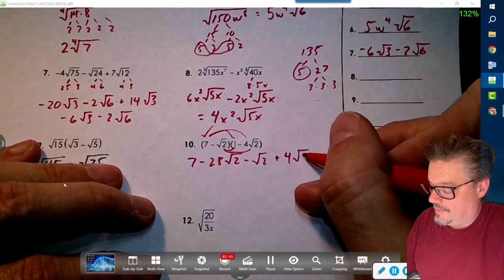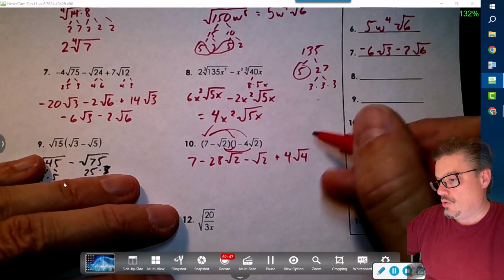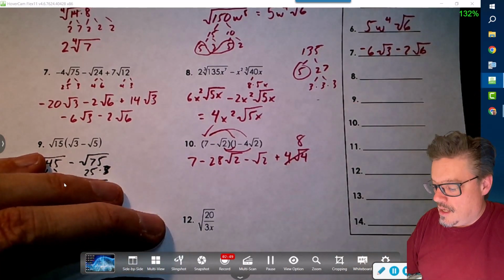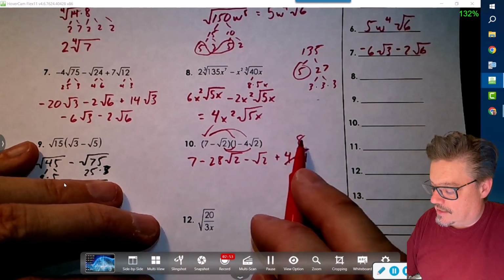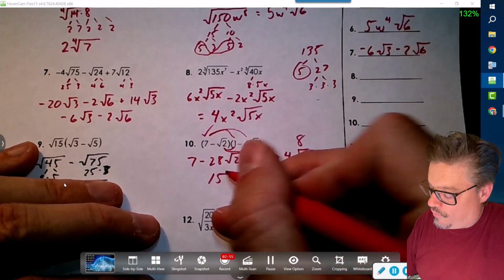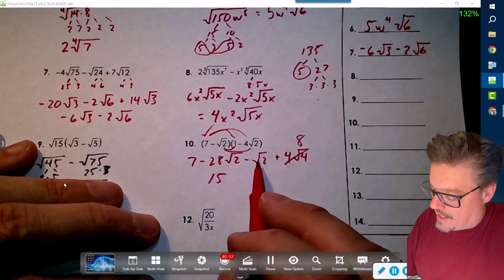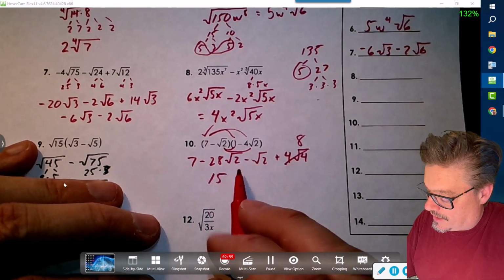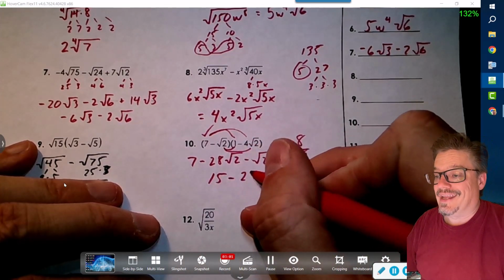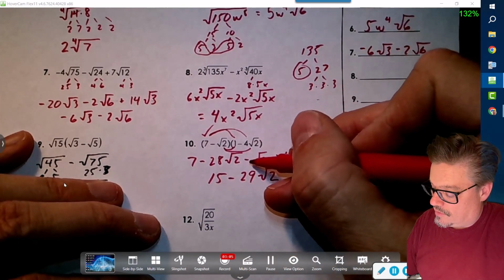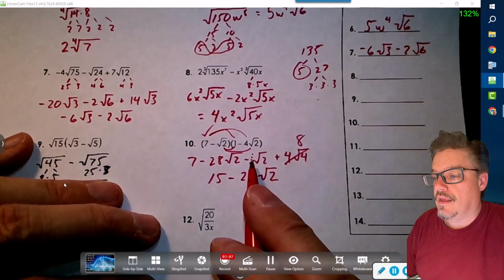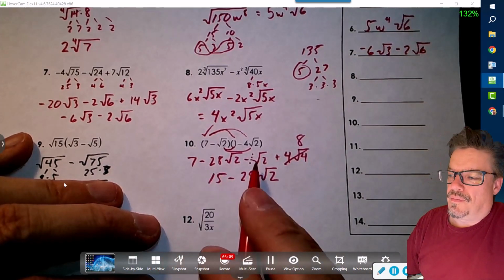Now this one's going to be 8, because radical 4 is 2, and 4 times 2 is 8. 7 and 8 actually will combine. These are both radical 2's, and so this will bump up to negative 29 radical 2. And again, notice that this coefficient here is a negative 1, so those will just combine with the 28, and there's our answer.